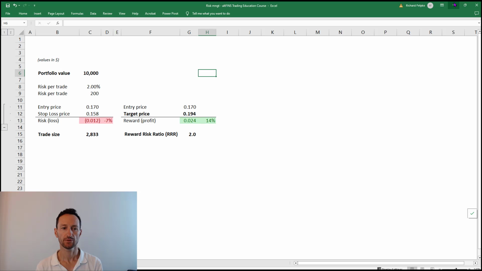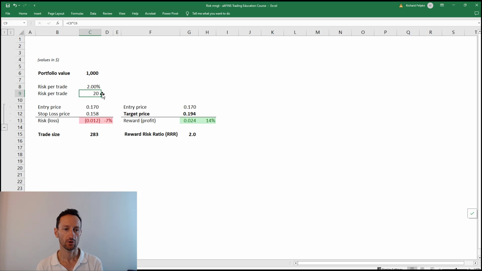That's where this Excel spreadsheet, or the thought process, is really there to help you understand, and the spreadsheet is available if you want it. The other important part is your portfolio value or your trade size. Let's just say portfolio value is $1,000. You don't want to risk more than 2% of your portfolio on any given trade.